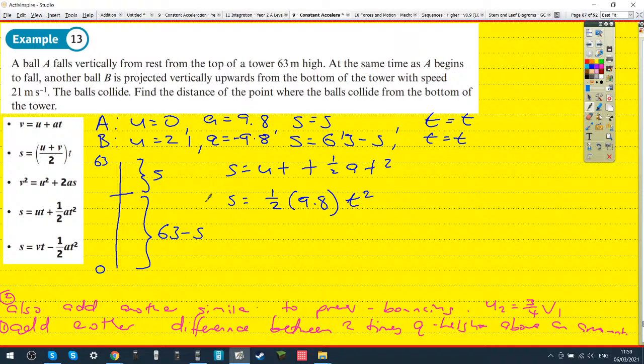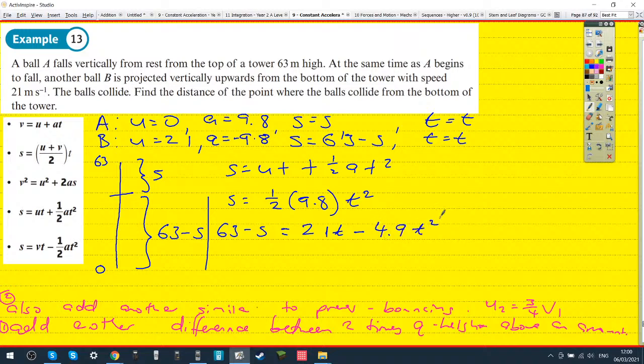Yes. So what will be the second equation? It would be 63 minus s equals u, which is 21t, plus a half brackets minus 9.8 t squared. You make them equal to each other.